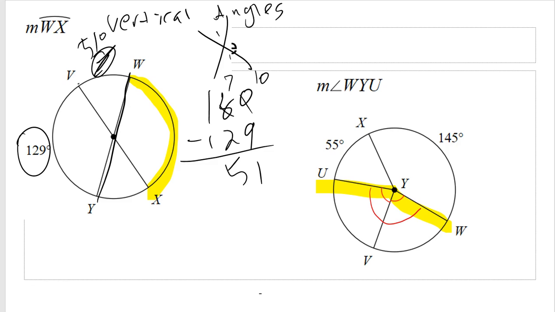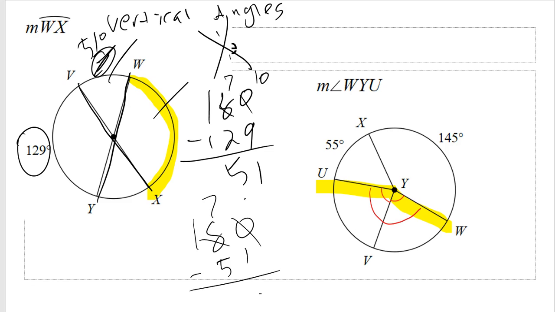So if this is 51, V to X is also a diameter, which means this one and this one have to add up to 180. So let's take 180 minus 51. That's 129 again. Either way is correct.